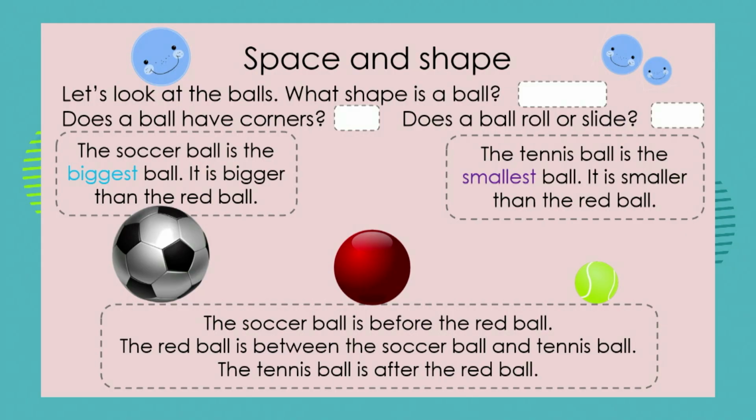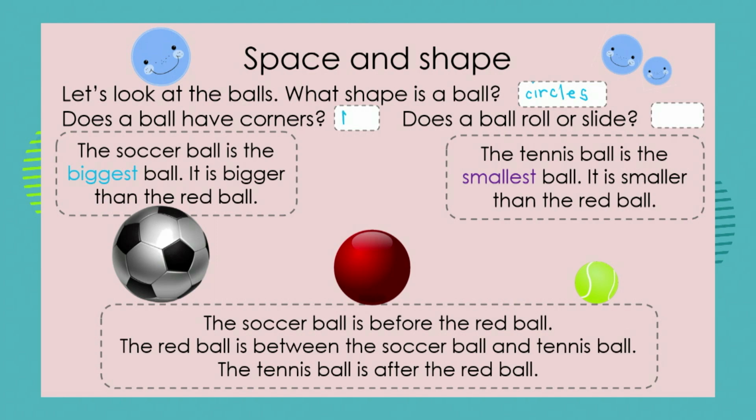Space and shape. Let's look at the balls. What shape is a ball? So if you look at the soccer ball, the red ball, and the tennis ball, what shape are they, grade 1s? Yes, very good. They are circles. And does a ball have corners?